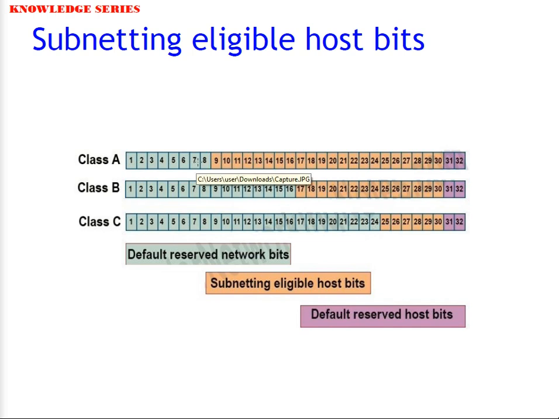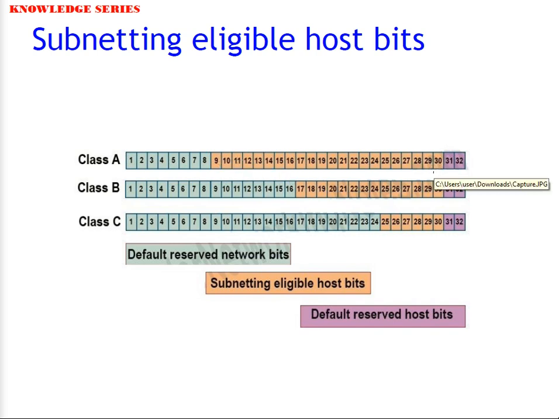Now in class A, the remaining 24 bits are there. Out of this 24 bits, the last 2 bits are assigned as host bits, default reserved for the host, and the subnetting eligible bits are up to this one.